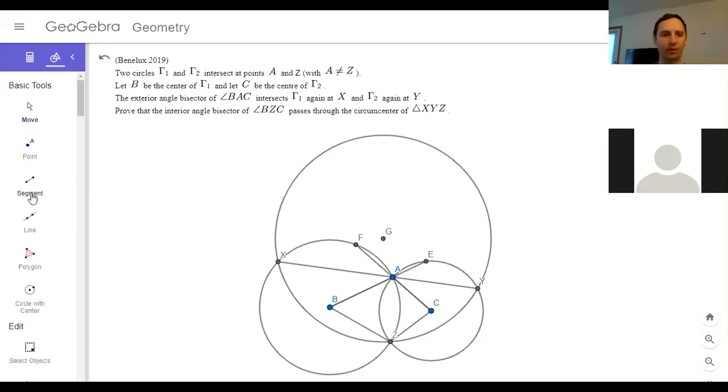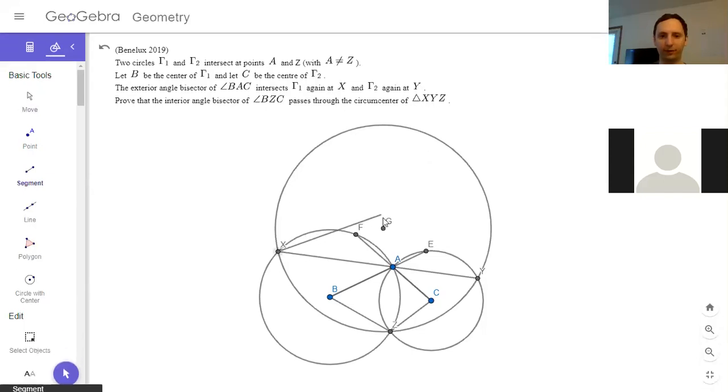All right, so that is interesting. It looks like X, F, and G are collinear. Thanks for joining. And G, E, and Y are collinear. Let's see why that's true. If that were true, then would that solve the problem?